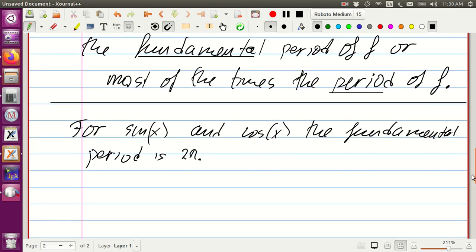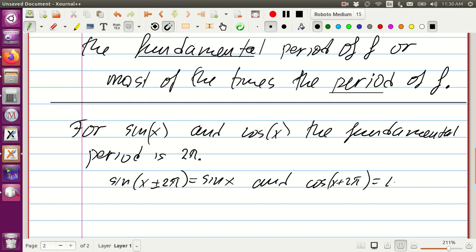So I'll write it first and then we'll go back to the graph and check. So what does it mean? Sine of x plus or minus 2 pi is equal to sine of x. We discussed it in the previous lectures. And cosine of x plus 2 pi is equal to cosine of x. Remember, we discussed it before.